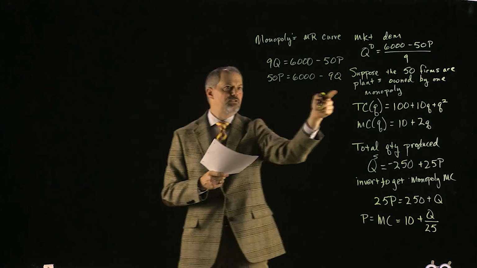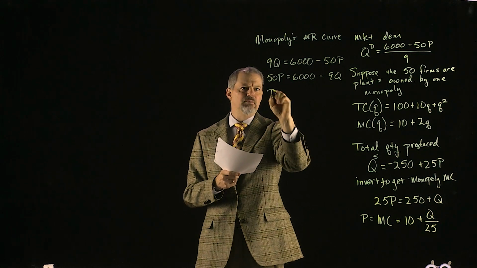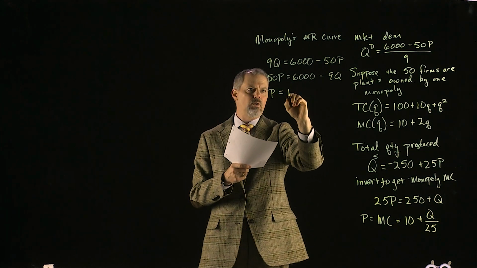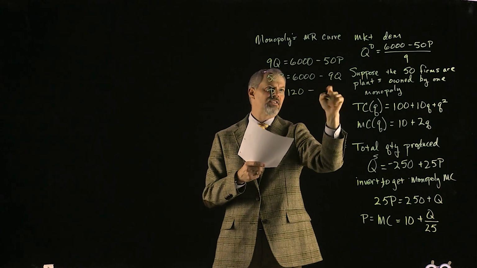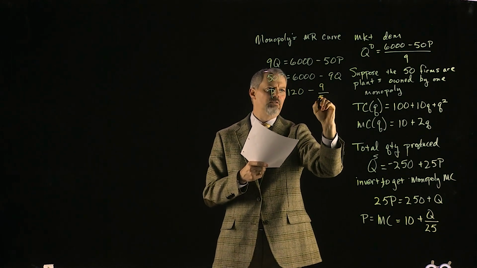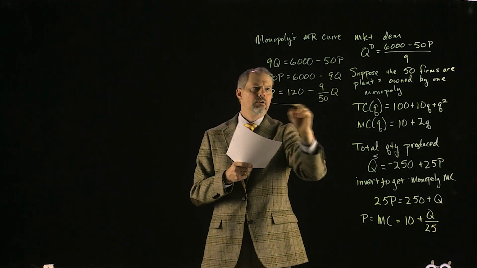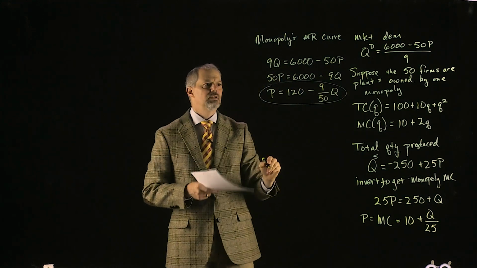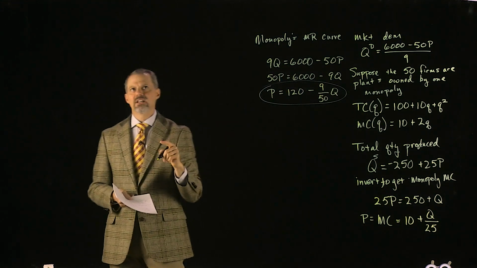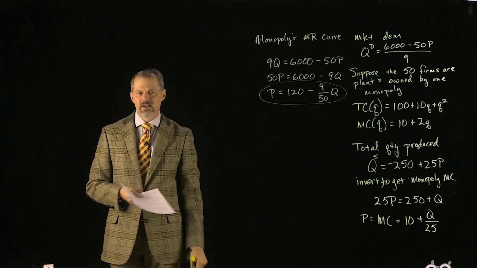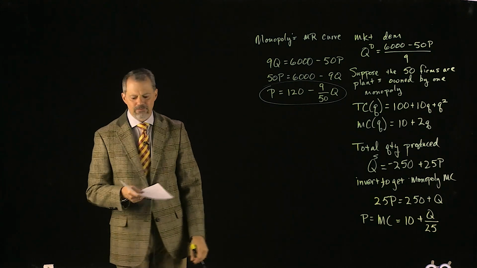And then I'm going to divide through by 50. That leaves me P over here: 6,000 divided by 50 is equal to 120 minus, I'm just going to leave it as 9 over 50 times Q. There's the market inverse demand curve. I can use that to get my marginal revenue curve for the monopoly.